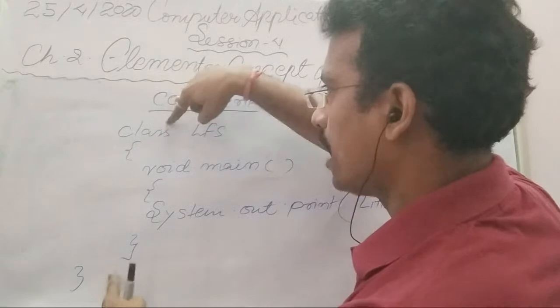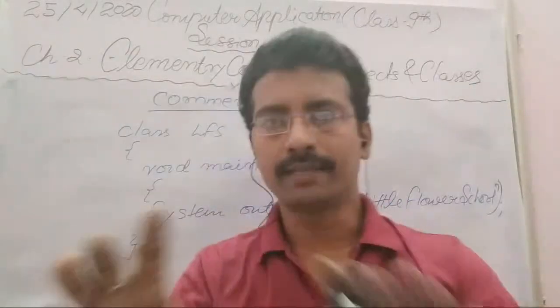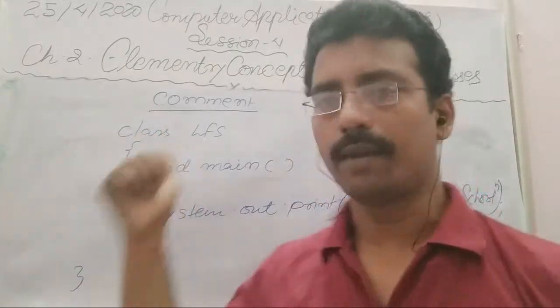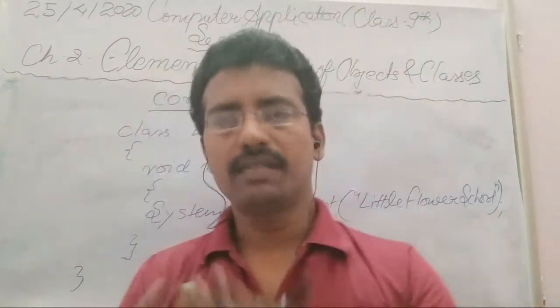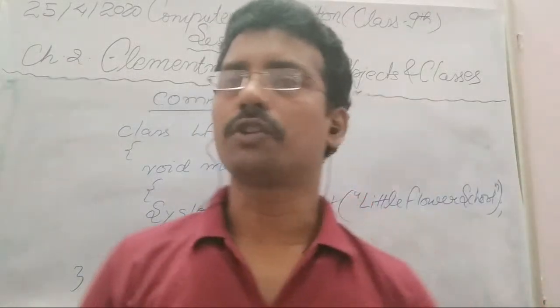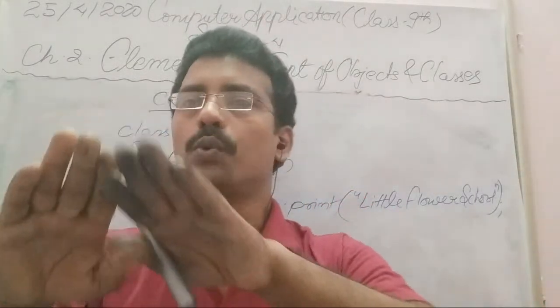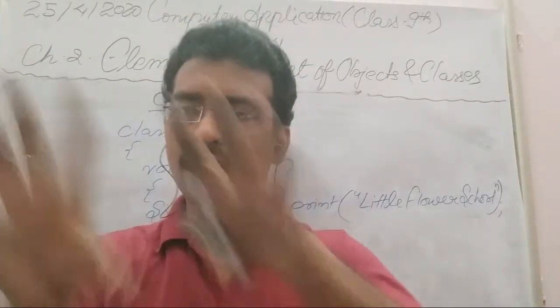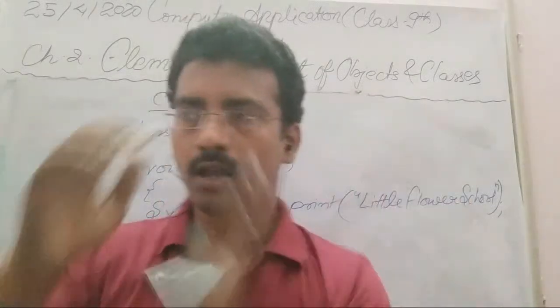The total part of this program will surely execute. They are the executable statements. But there are some statements which add additional information to the program, but they don't execute because the Java compiler ignores them.